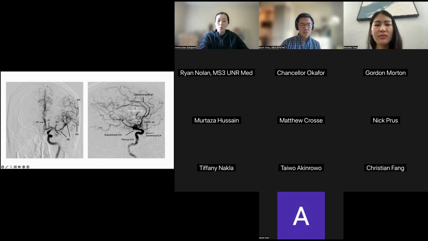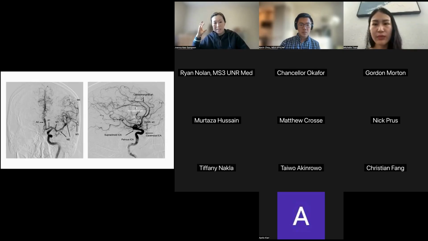The first, or horizontal, portion of the MCA is called the M1. As it divides, it becomes the M2. The M3 are kind of like the opercular branches, and the M4, the distal cortical branches, supply the distal cortex of the MCA territory.